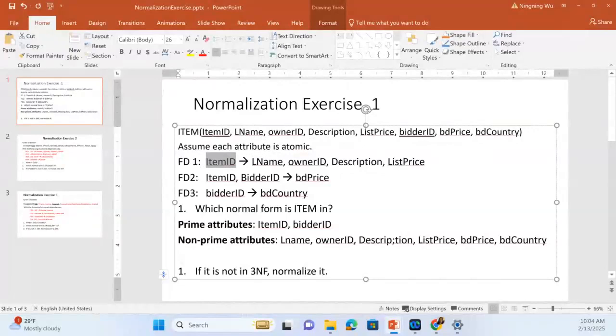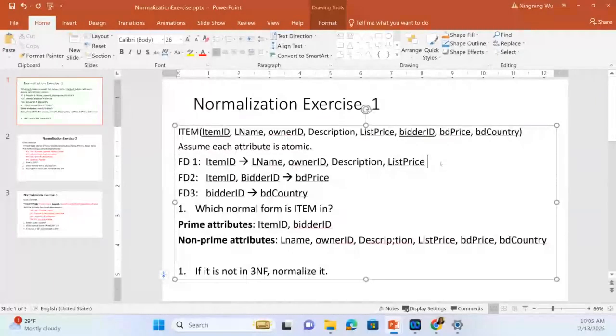We know item ID and bidder ID together is a key. Neither of them is a key alone, but the two working together serve as a key. That's why item ID is considered a partial key. So this set of non-prime attributes is only dependent on the partial key, not the whole key. This is called partial functional dependency.